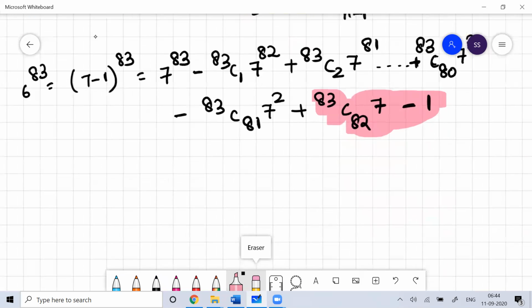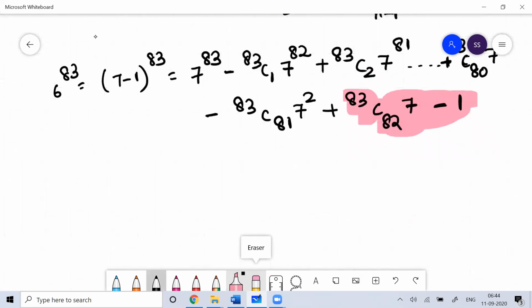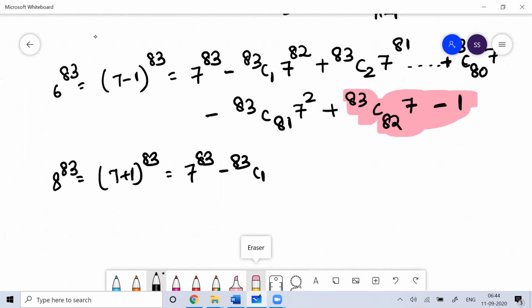So 8 to the power 83, I can write as (7 plus 1) to the power 83, that is 7 to the power 83 plus 83C1 7 to the power 82, like this 83C2 7 to the power 81, up to 83C82 7, and here plus 1.